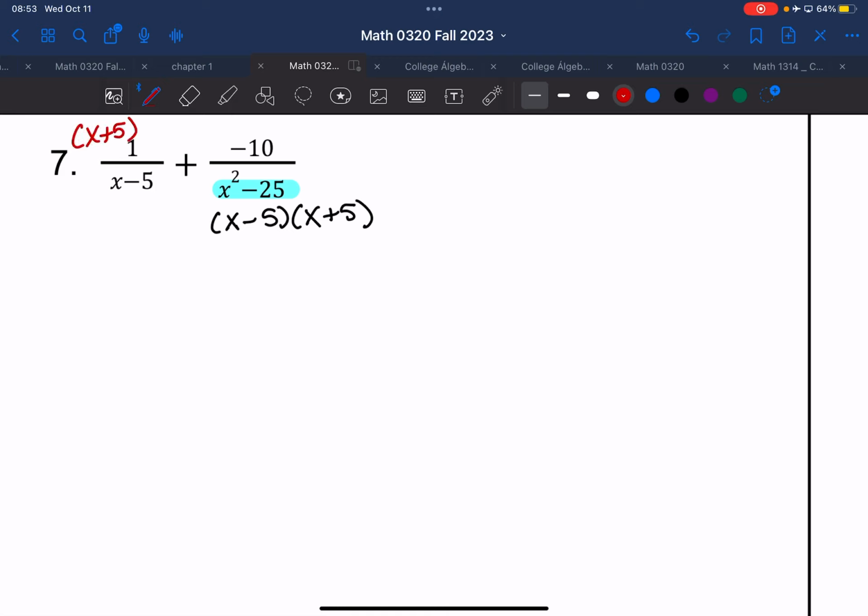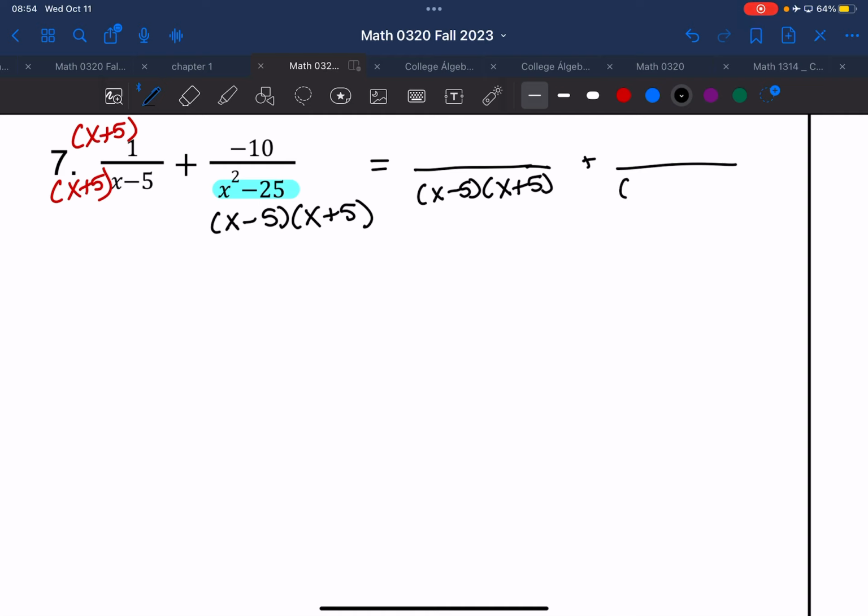X plus 5, x plus 5. Okay. When we do that, we are going to have the denominators of x minus 5, x plus 5. You do not need to multiply it back together because it could end up where when we combine our numerators, there's something that can cancel. So we would leave it as is.